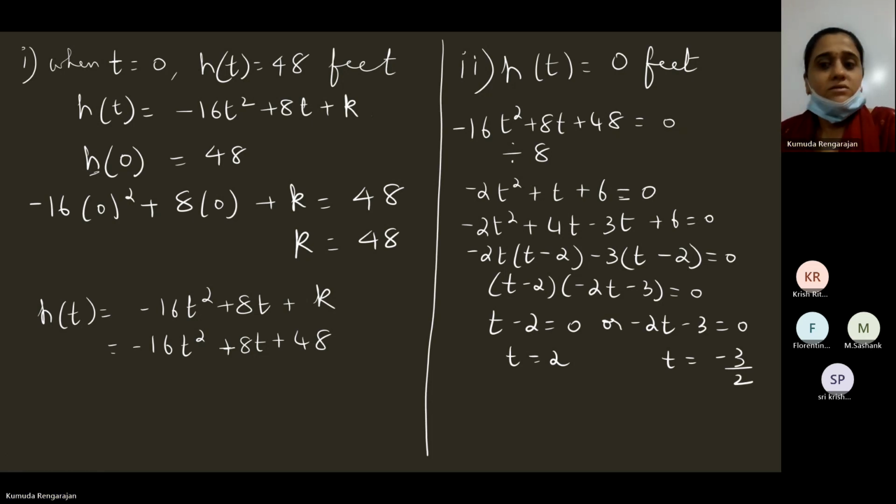So minus 3 by 2, time cannot be negative. So we ignore that and we take the positive value. So the time is 2 seconds.